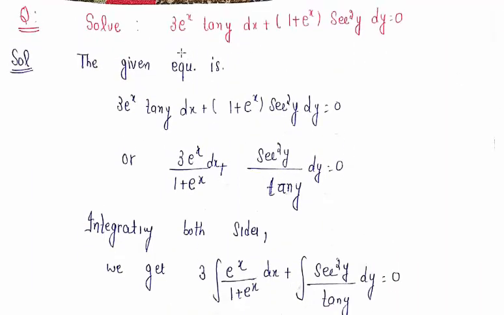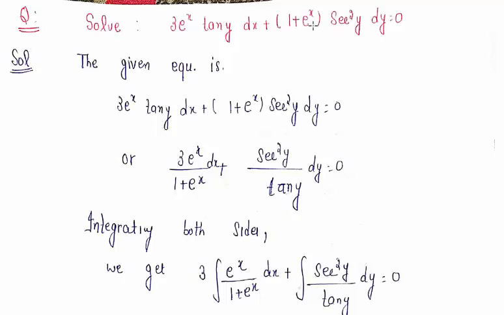Solve 3 e raised to power x tan y dx plus (1 plus e raised to power x) secant square y dy. Now we write the given equation first. Then we separate the terms of x and terms of y.